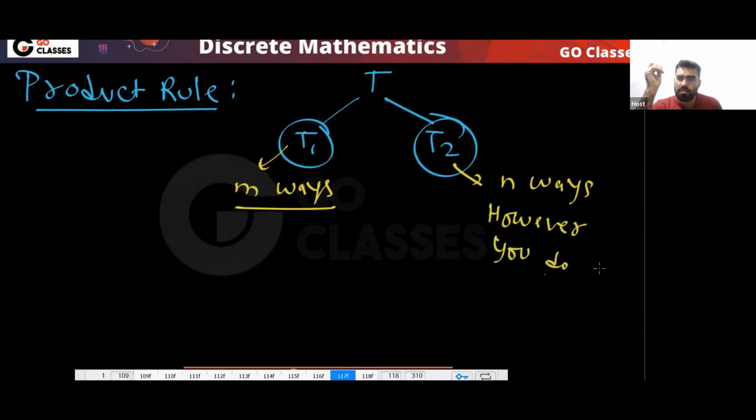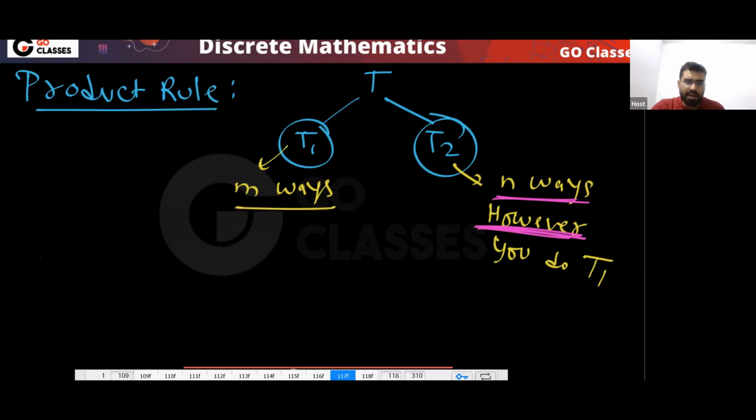However you do T1, there are n ways. Please understand this. However you do T1, it means that this T1 you can do in m ways.